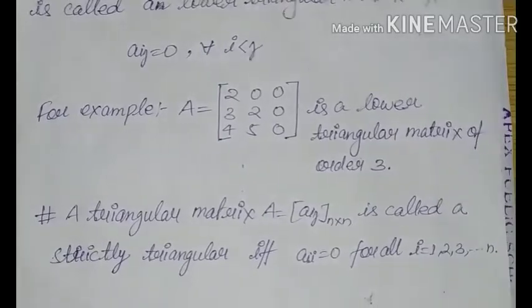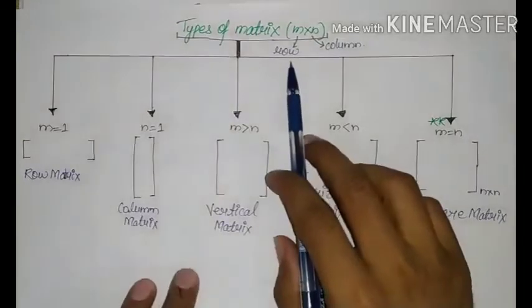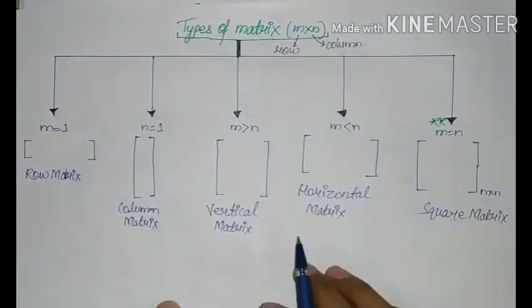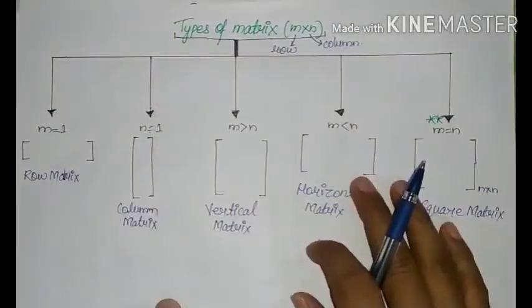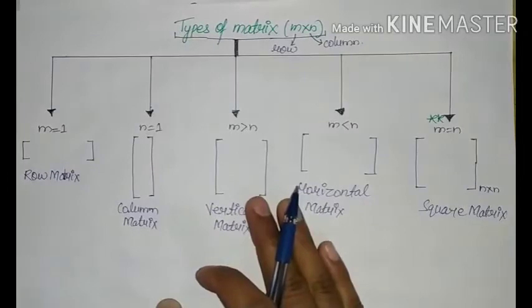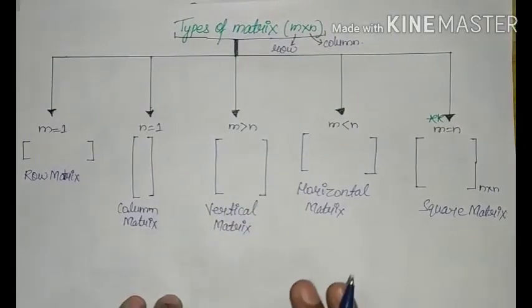Okay students, the next type is the matrix of type m by n, where m stands for rows and n stands for columns. This is the diagram, or the summarization of all types of matrices. This is a summary, and it will help you understand what a matrix is and the types of matrices.